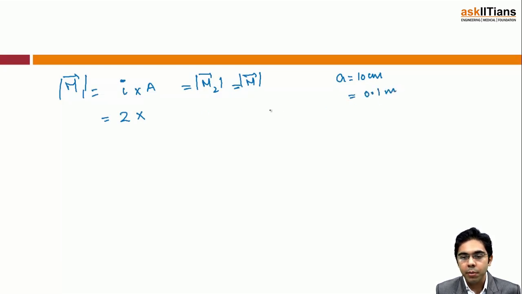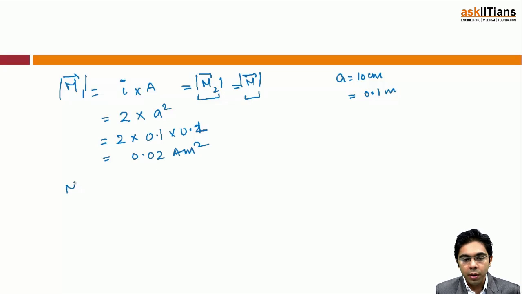That means area will be a square, so it will simply come out to be 2 into 0.1 into 0.1. This will come out to be 0.02 ampere meter square. Now this is also M2.